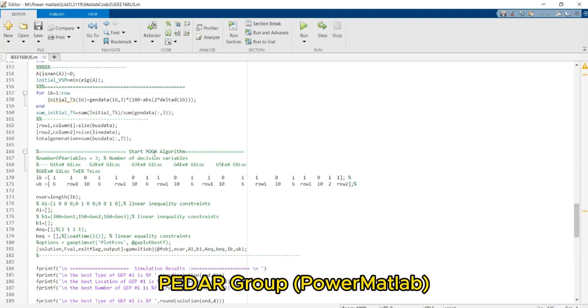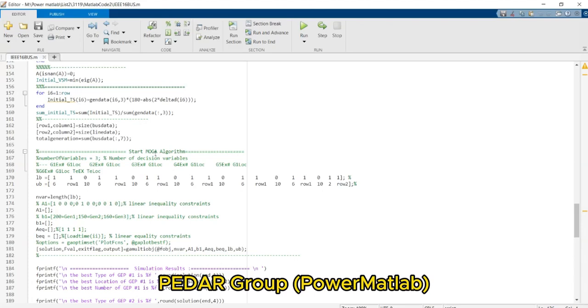Also, where is the best scenario of transmission expansion planning, where is the best location, where is the best capacity of transmission expansion planning. So we consider six scenarios of expansion planning.